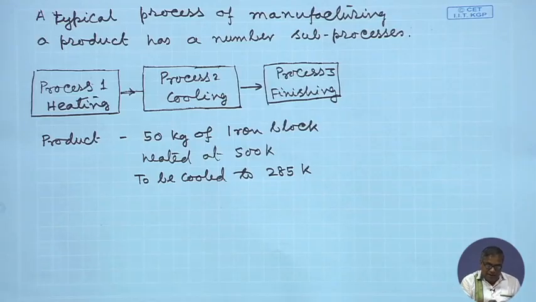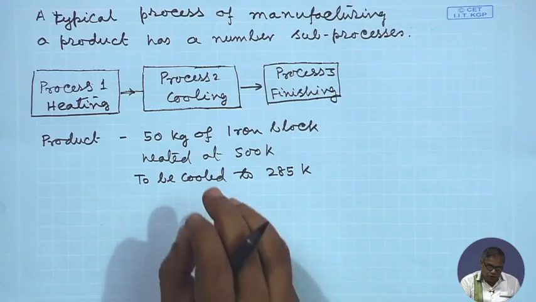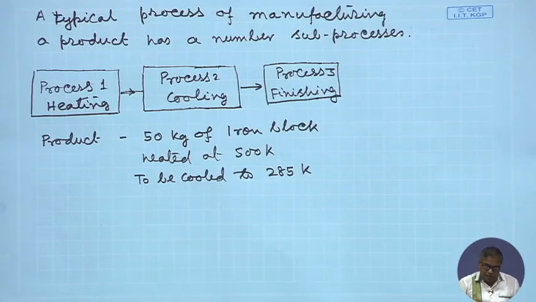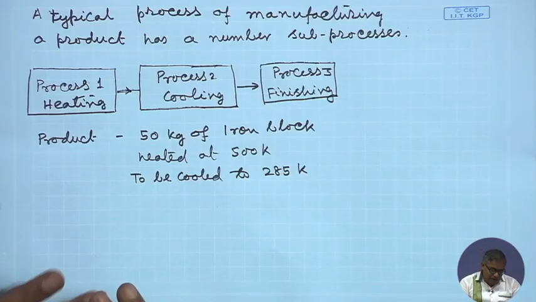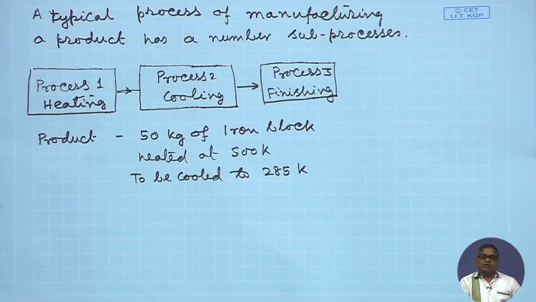So, let us say in the existing plant, the cooling is done by throwing this piece of iron in a large tank. That is how the cooling is done, and the tank is so large that we can assume that the tank is filled up with water, and the tank temperature does not change while the iron gets cooled.